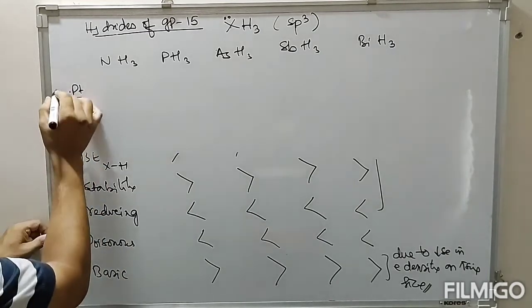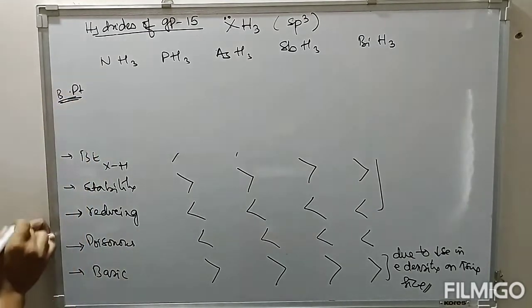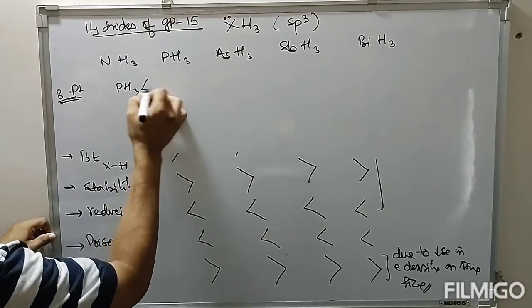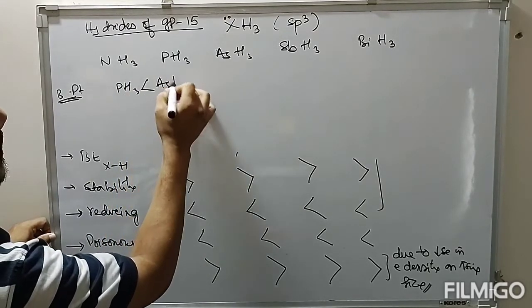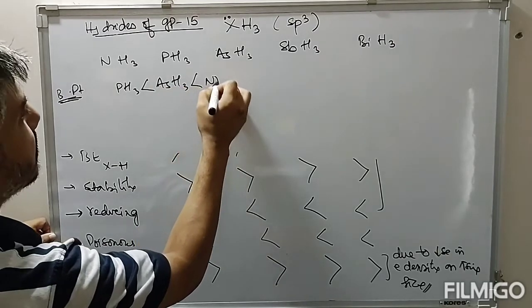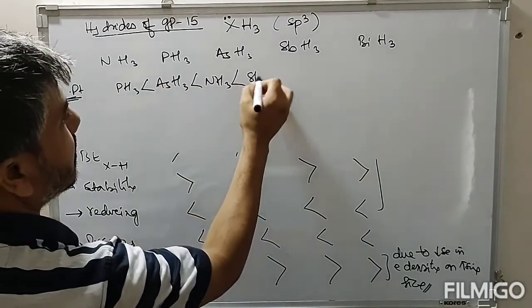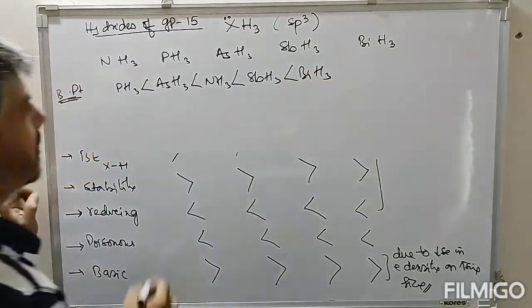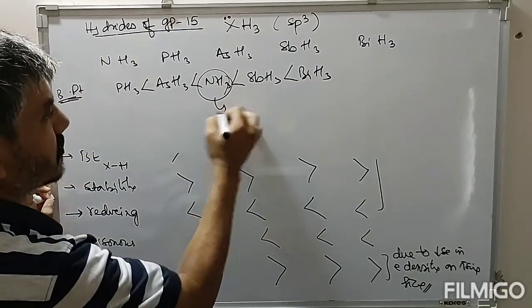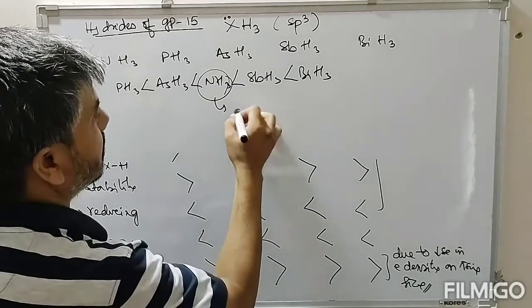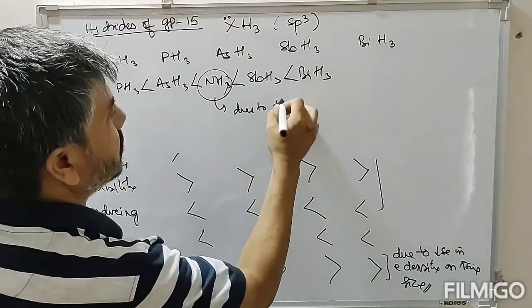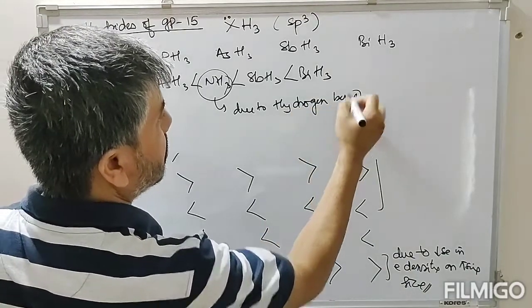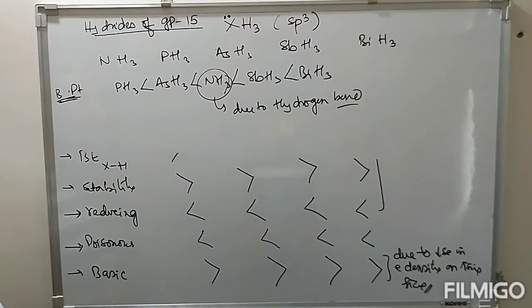So we will discuss melting point and boiling point here: PH3, then AsH3, then SbH3, then BiH3, and we have NH3 as an exception.